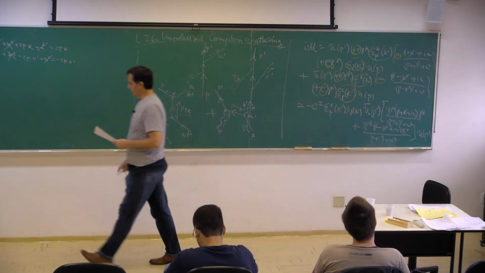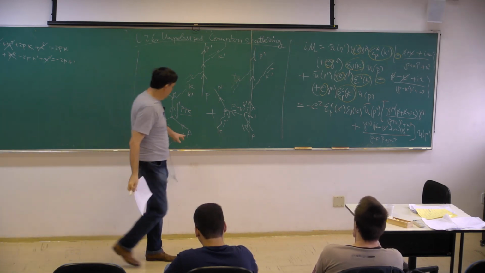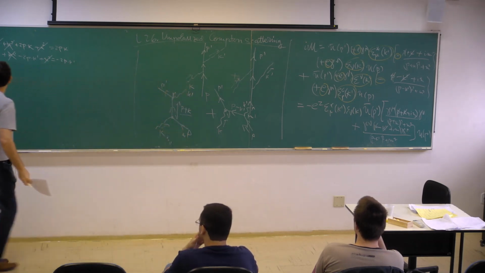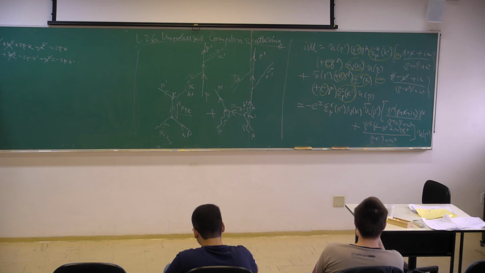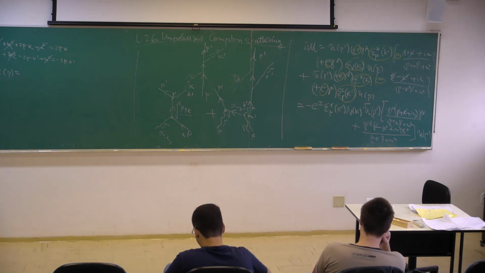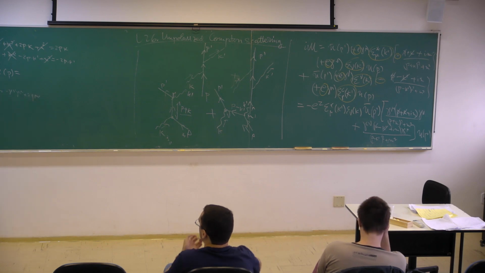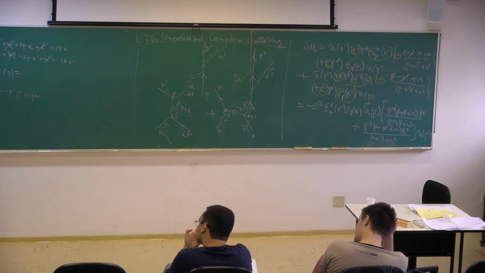So let's see what that gives. The k, of course, we cannot do anything with because here we have u of p. But p slash plus im, gamma mu, u of p is equal to, now of course we have to commute p slash past gamma mu. Im of course commutes trivially. So p slash gamma mu is minus gamma mu p slash plus 2g mu, right? And then this is multiplied by p mu.